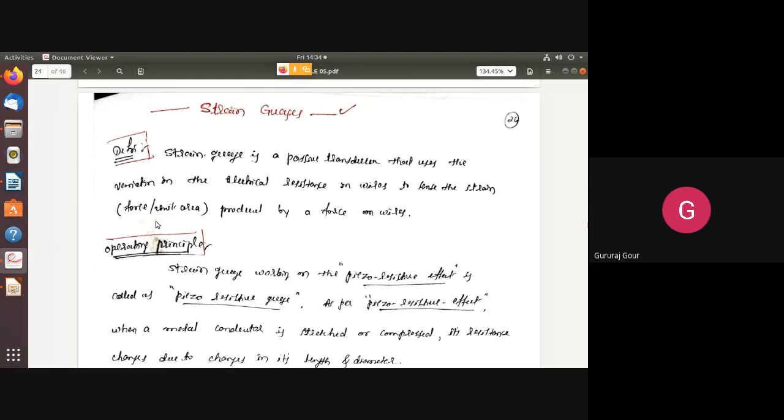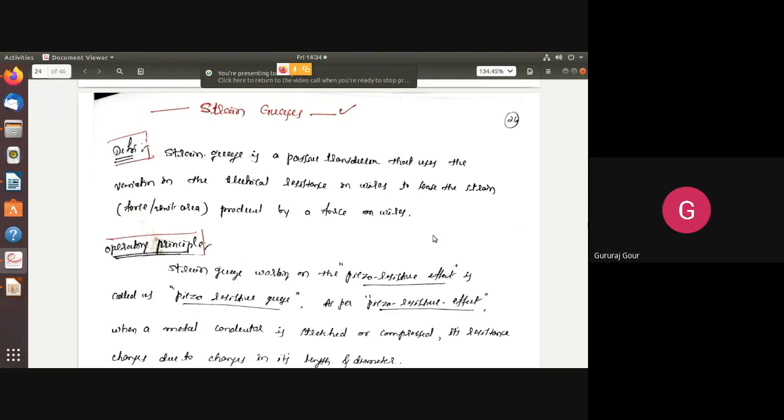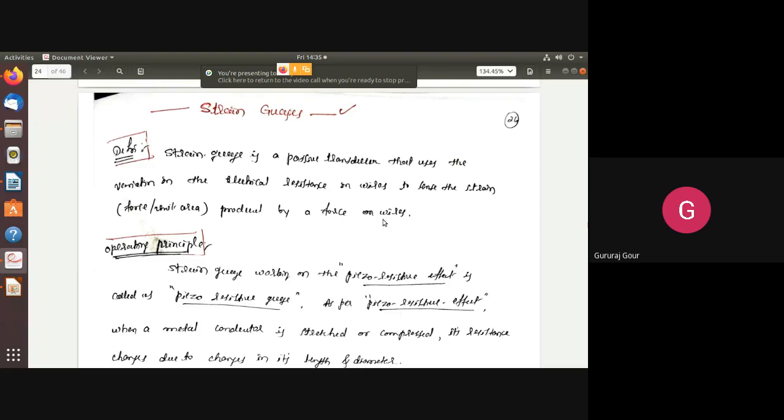Suppose you are applying force per unit area; by that we are able to change its length and other dimensions. The resistance of the wire depends on all those things, because by the formula for the resistance of a wire, it depends on rho L divided by A: the length, area of cross section and resistivity.